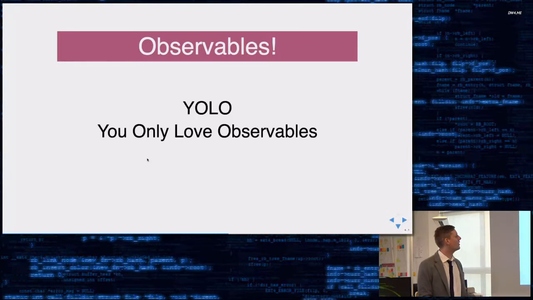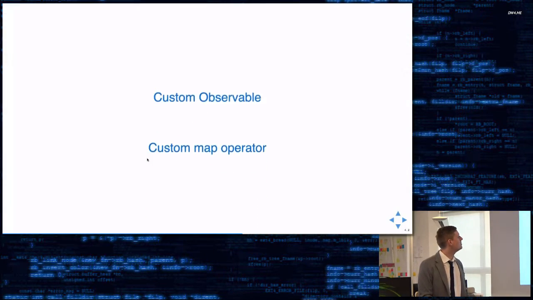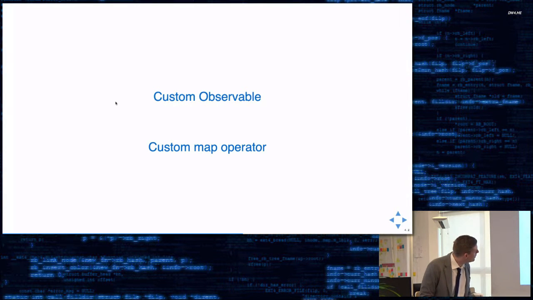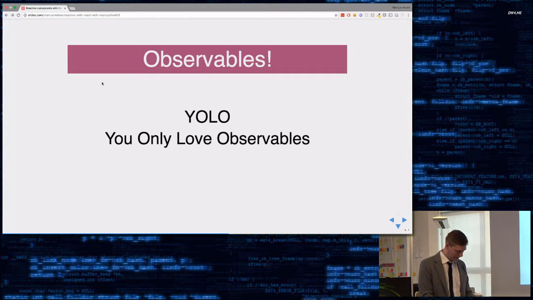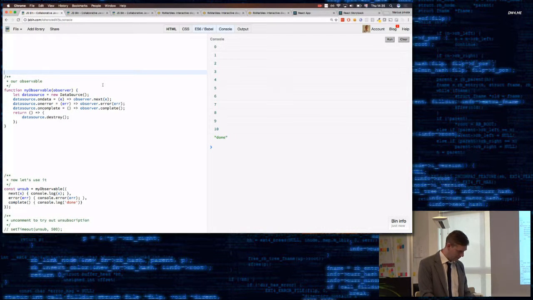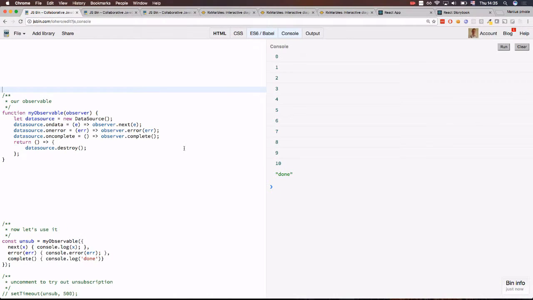So observables. If we look at writing our own custom observable, actually, I don't need to wait. I have it prepared if I manage. Here we go. Is the size good? I guess it is.